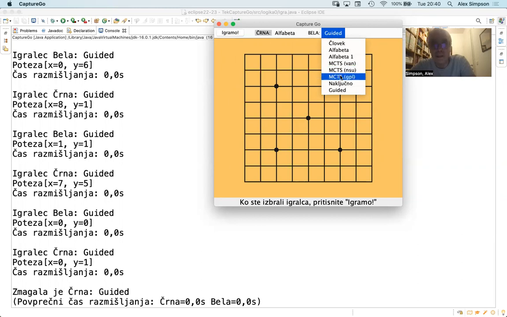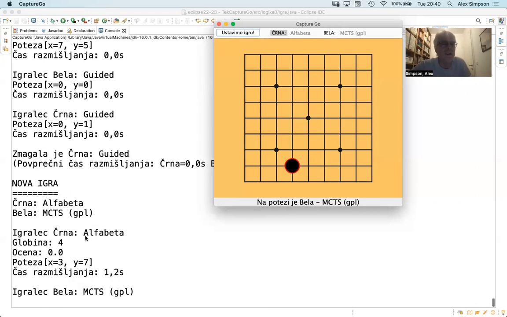The GPL is also without the suicides, but with the guided playout. So Monte Carlo tree search with all possible modifications. Let's see how alphabeta does against my best version of Monte Carlo tree search. It's going to take a while because Monte Carlo tree search is always going to play every 5 seconds, but we'll see.